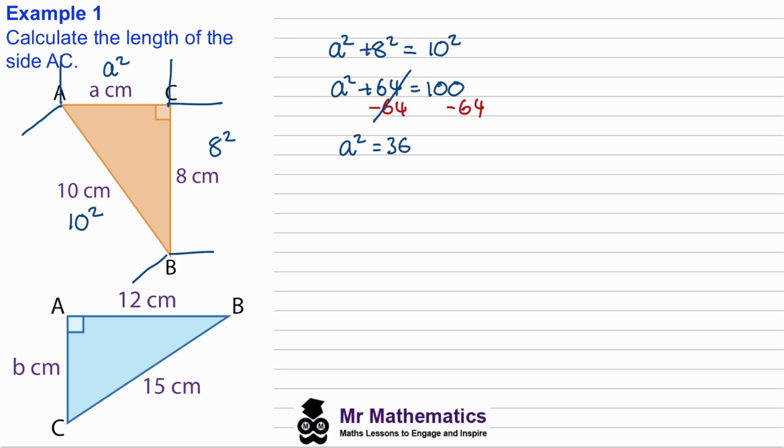So that tells us that the area of a square on this side will be 36. And we can work out the length by taking the square root of this. When we square root both sides, the square root and the square will cancel. So A will have a length of 6 centimeters.